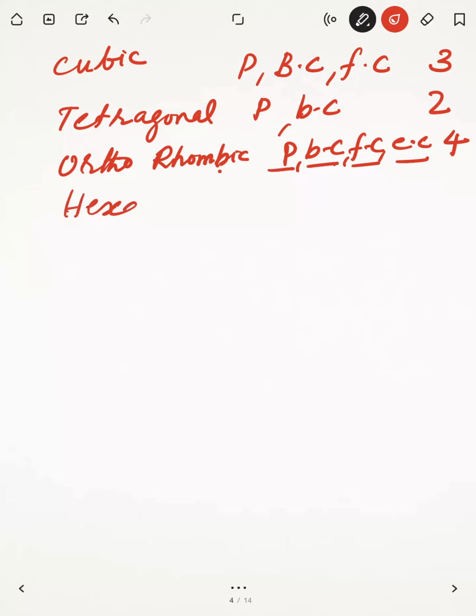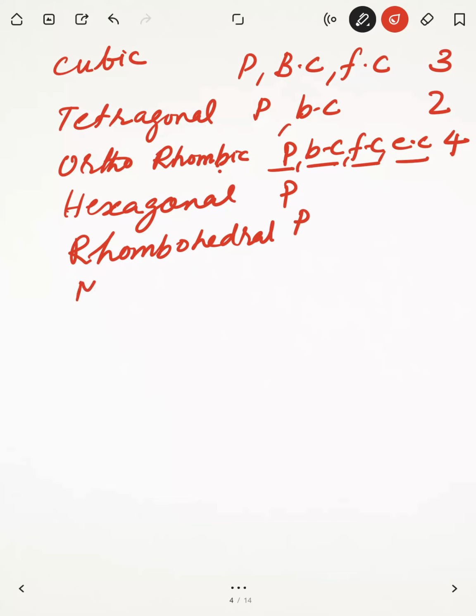In hexagonal, only primitive. In rhombohedral, only primitive. In monoclinic, primitive and end centered.